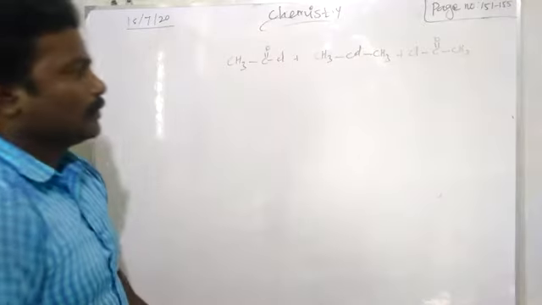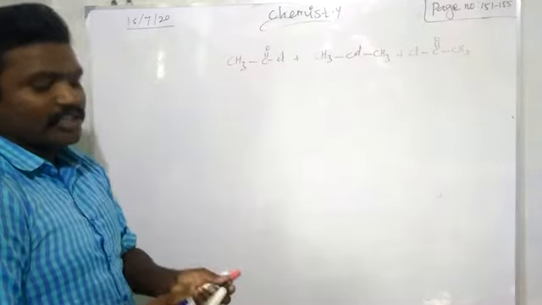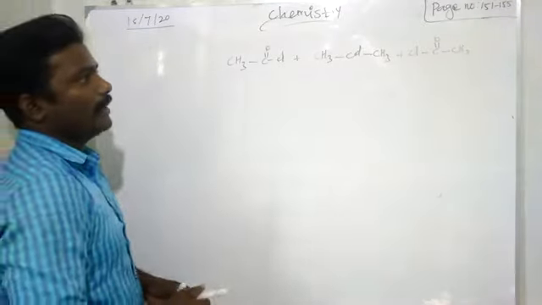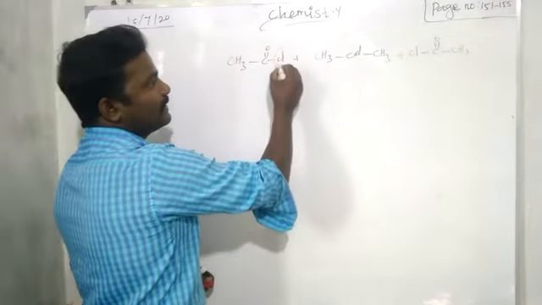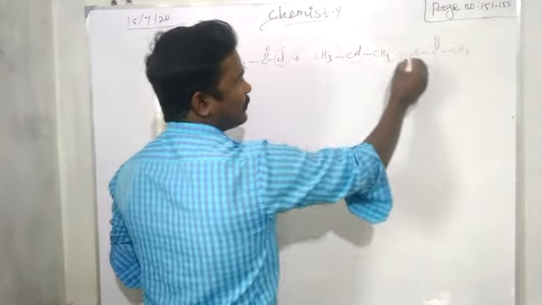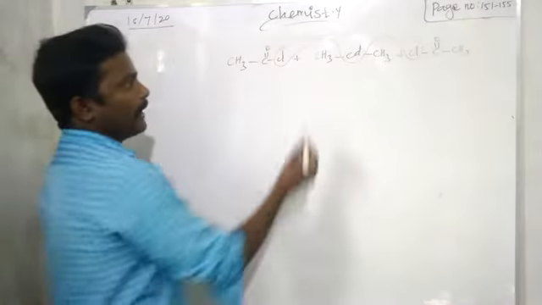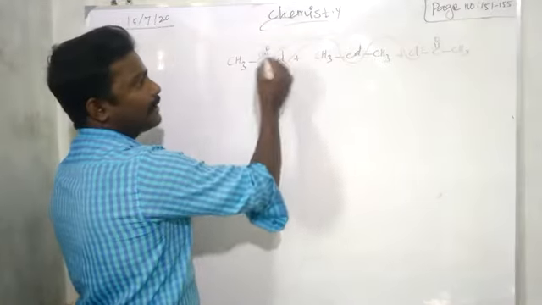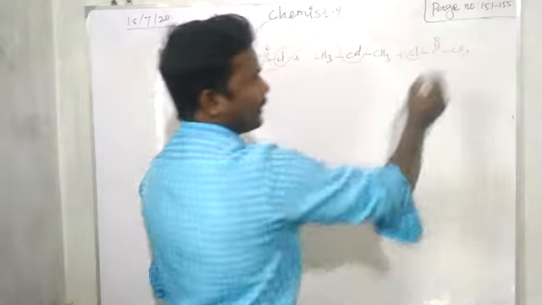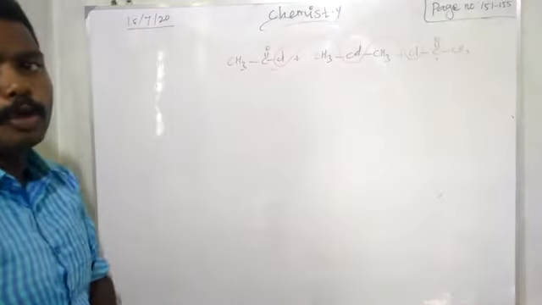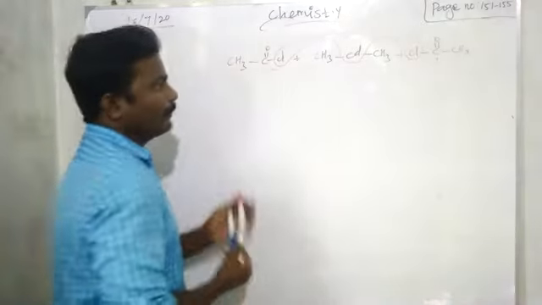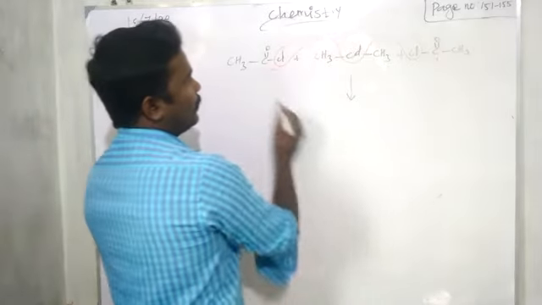Why I am writing it like a structure is important, because we are going to remove this Cl, and this Cl, with cadmium, becomes cadmium chloride. Now what will happen? This CH3 will add here, and this CH3 will add here. So we will get 2 moles of acetone. What is the product now?